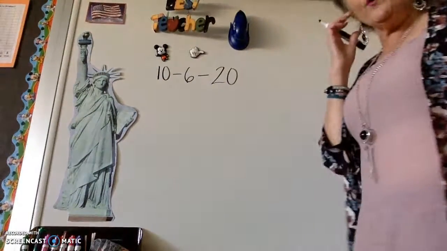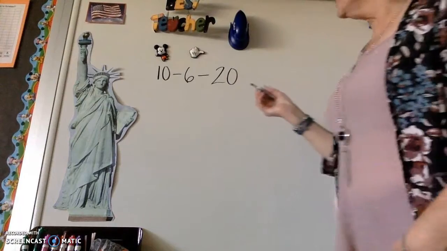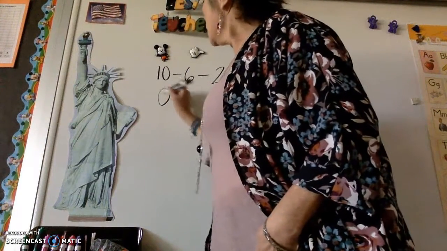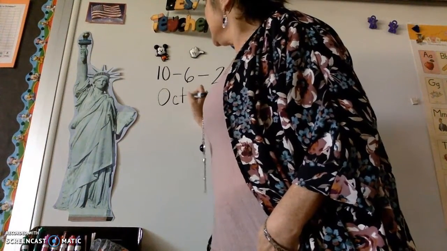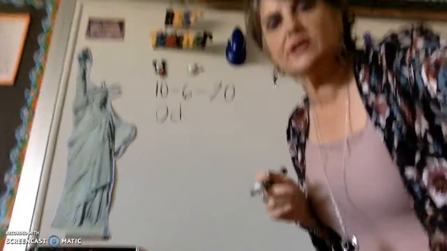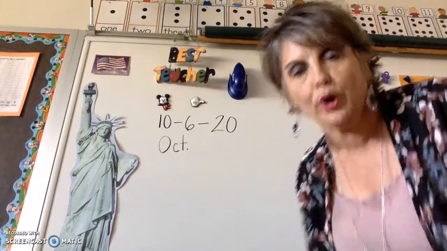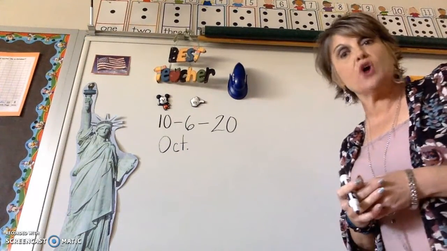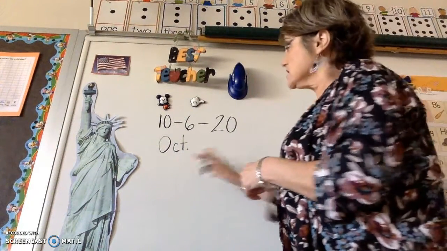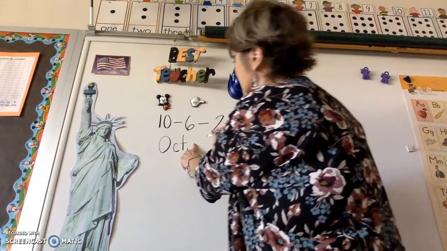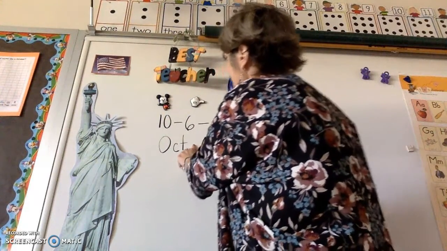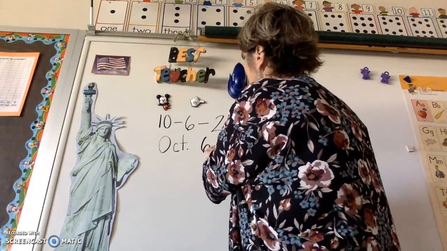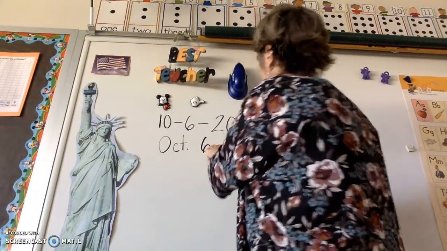Okay, so we're going to do the abbreviation of October, and that is uppercase O, C, T, period. That's just making October smaller because October is a long word. Most of our months are. Okay, so Oct, finger space, 6, comma, finger space, 2020.